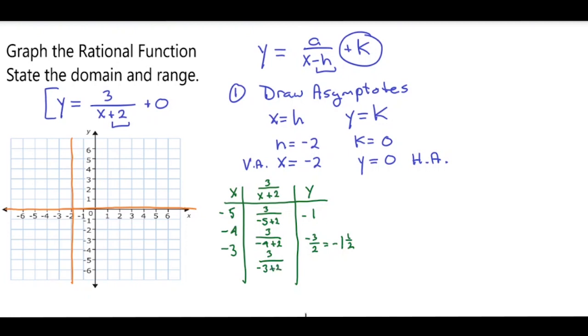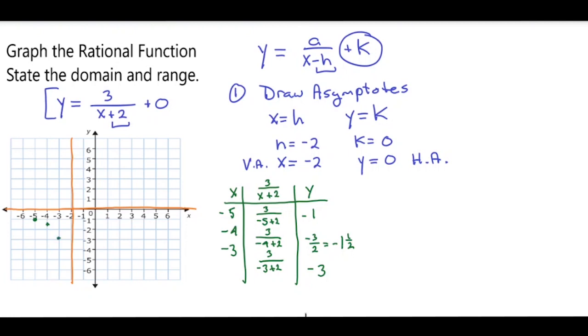Well, negative 3 plus 2 is negative 1. So 3 divided by negative 1 is negative 3. So my points on the left side of the vertical asymptote are going to be negative 5, negative 1; negative 4, negative 1 1/2; and negative 3, negative 3.